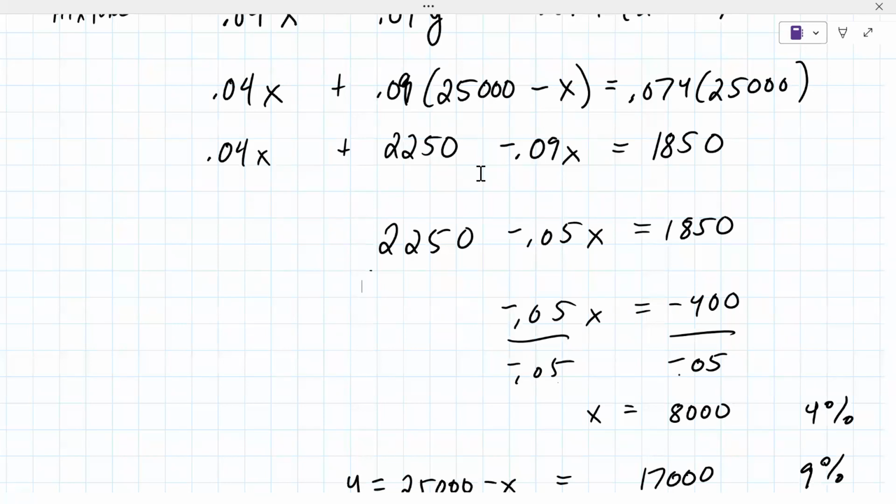You got negative 0.05, right? I see what you did. Okay. Negative 0.05 equals.